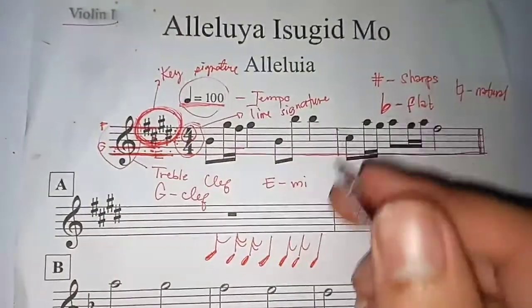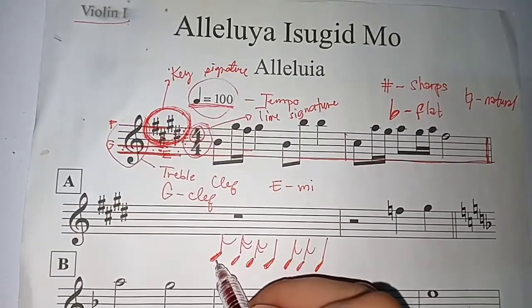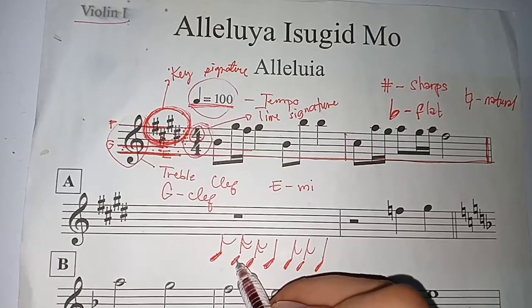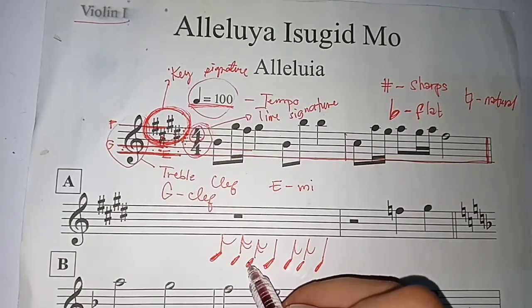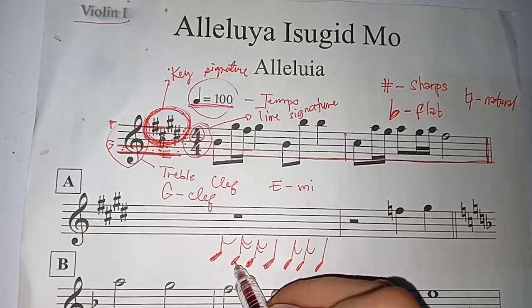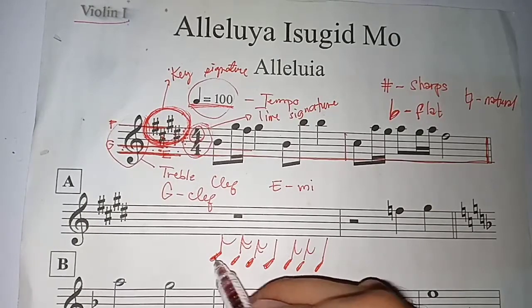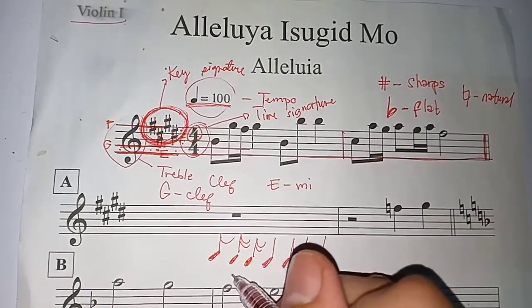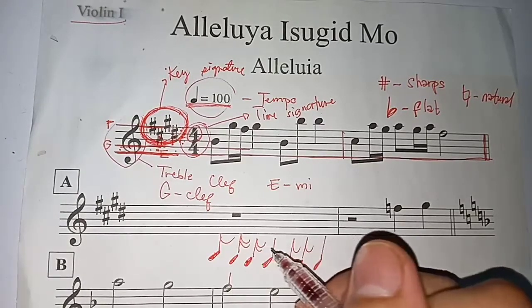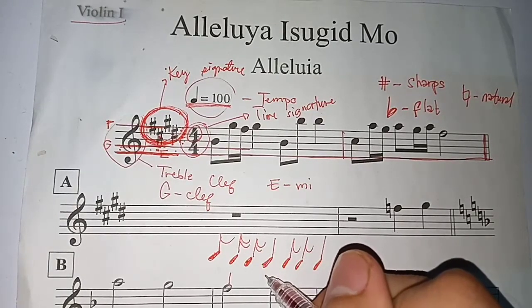So we will count it. This one is a half. So 1/4 and 1/4 of this one, we have 1/2. So we have here 1/2 and 1/2, we have 1. This one we have already 1.